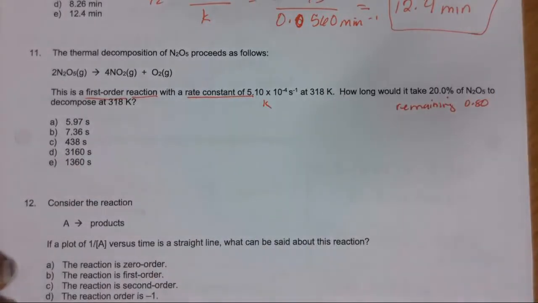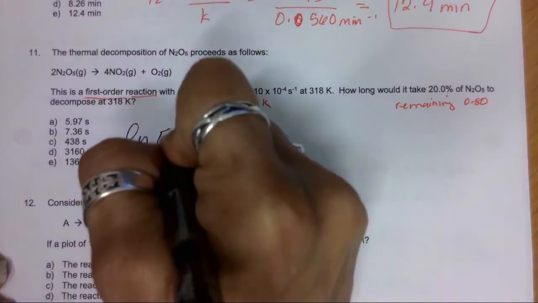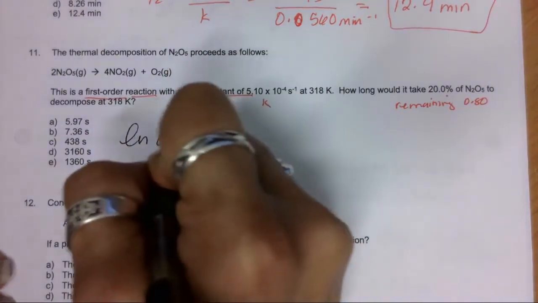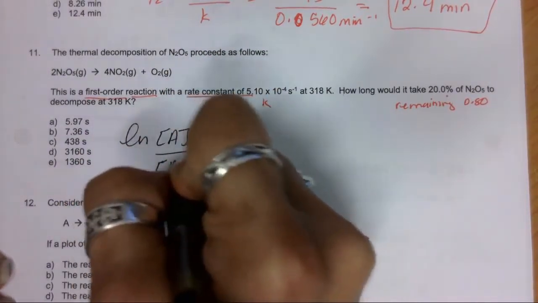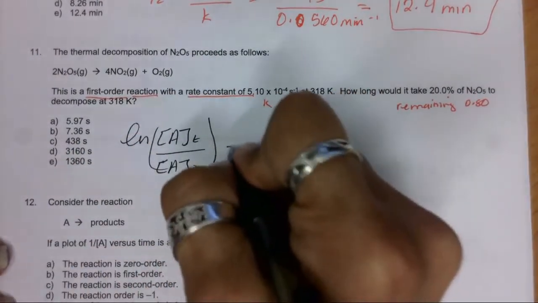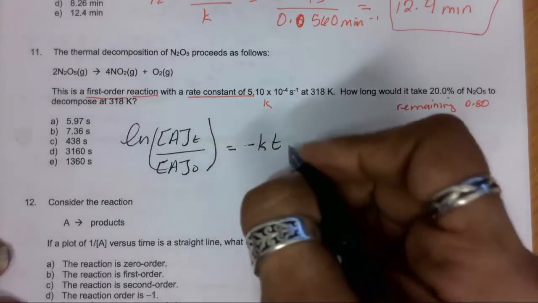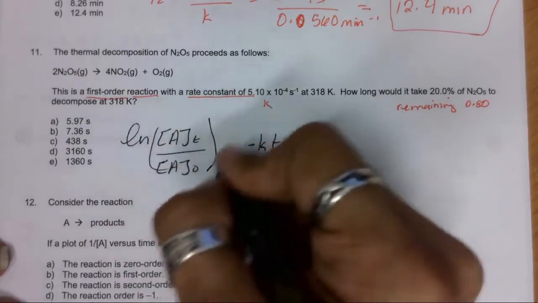Okay, and so again, this is first order. I'm going to take the natural log of the concentration of A at time t over the initial concentration. You've got to take the natural log of the whole thing, which is equal to negative k times t. This is the fraction remaining.